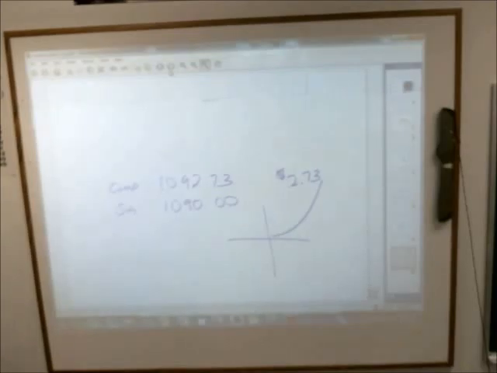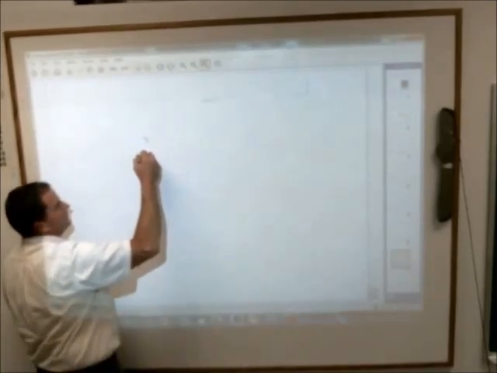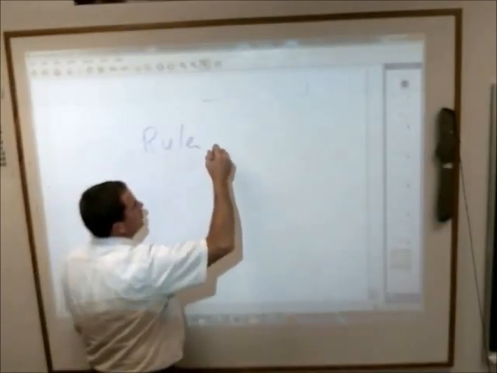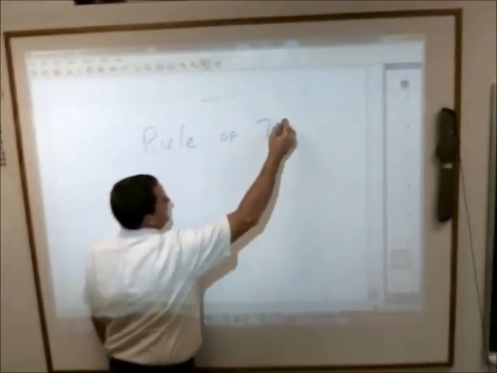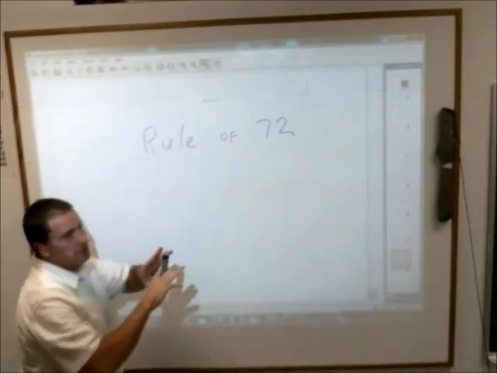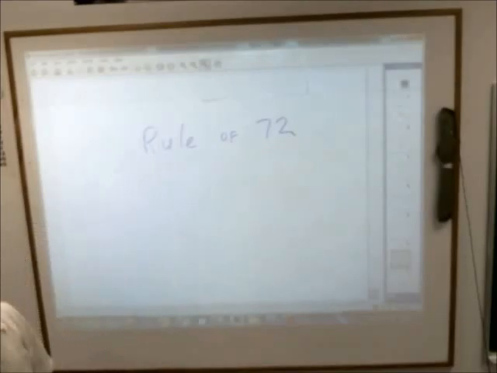As a matter of fact, it works like this. When you have compound interest, write this down because this is a big thing in the financial world. There is a rule of 72. And what that rule says is this, and this is just like a ballpark figure. It's not like an exact thing, it's like an estimation tool.